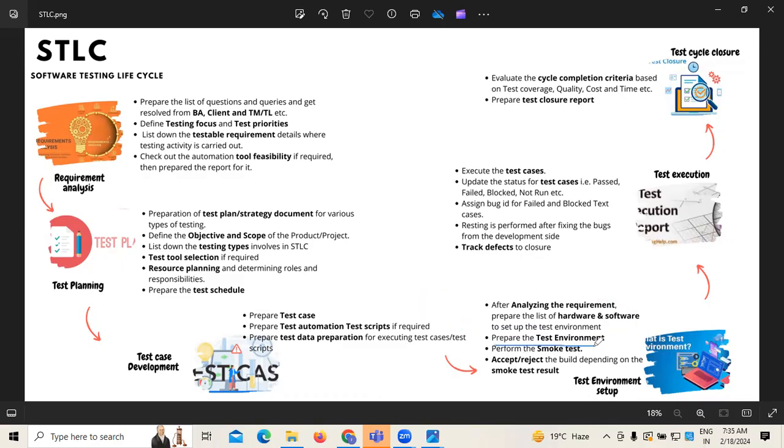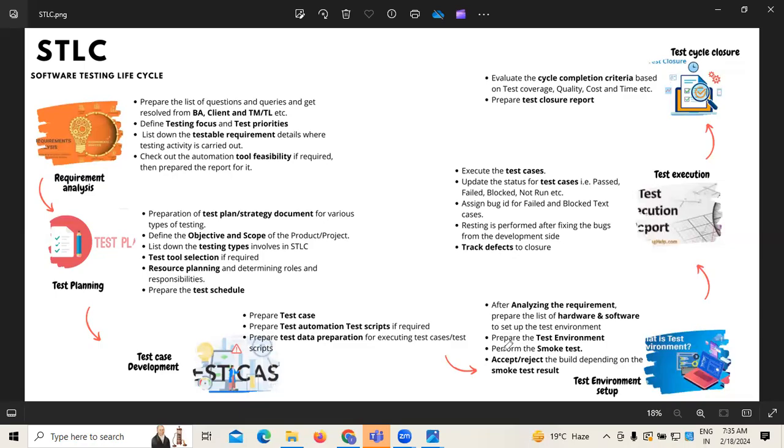Next, we have to prepare the test environment and perform the smoke testing. Smoke testing means the environment was created, so to what extent will this environment support us, and to what extent is it useful? If you want to know that, smoke testing is required. Smoke testing will evaluate the environment we have.